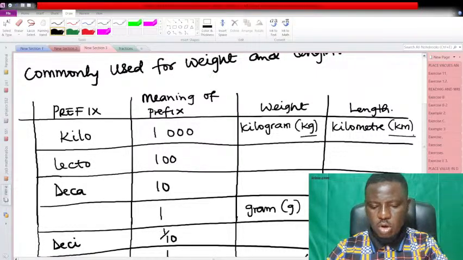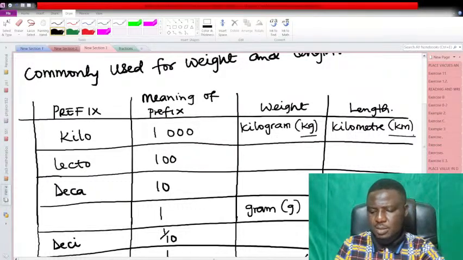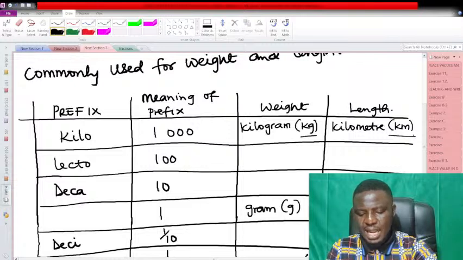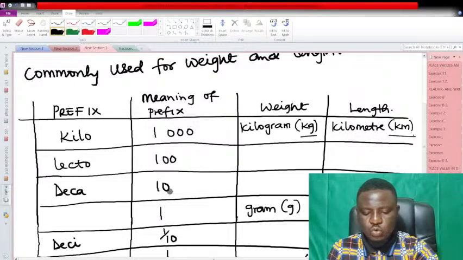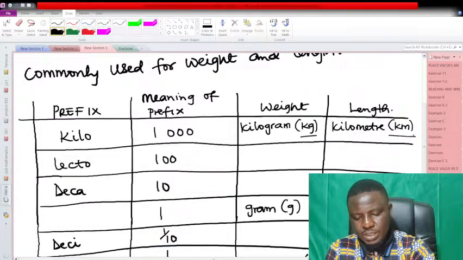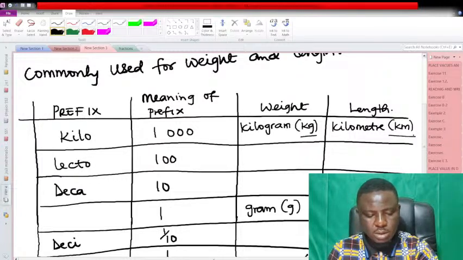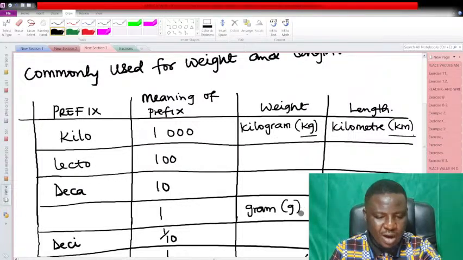We normally don't use this one, while for the prefix deca, it is said to be 10. It's said to be 10. The base unit is the gram, and in length we have the meter.